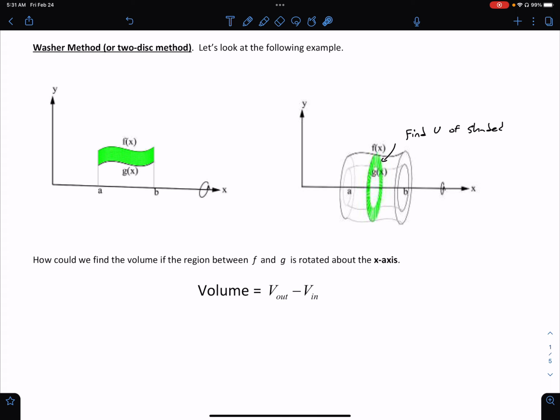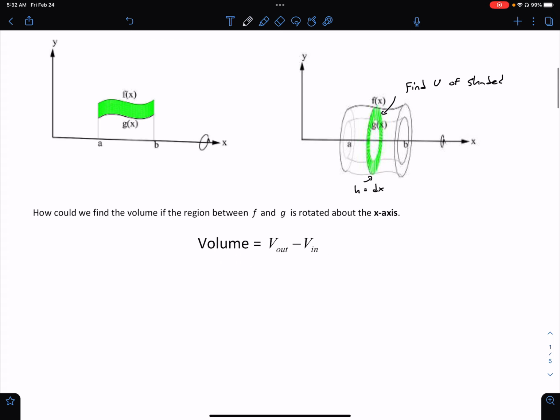Just like in geometry, the volume is going to be the volume of the outside disk minus the volume of the inside disk. Because that's what we have: this disk on the outside, and this disk on the inside. Now, what's the height of our disk? Well, we're in terms of x and we're vertical, so this is just going to be our dx right here.